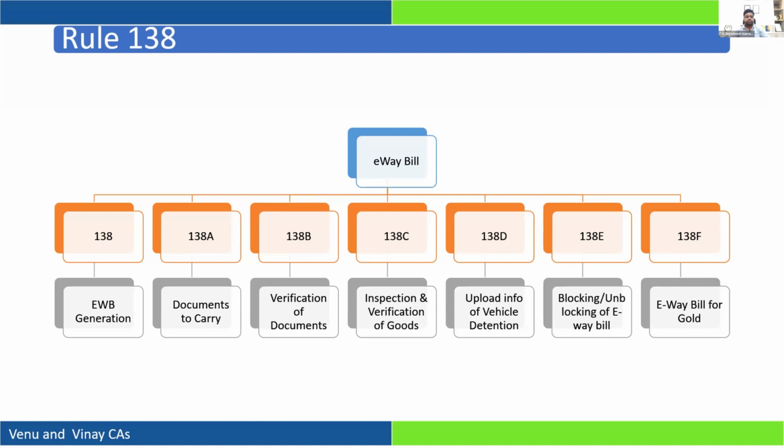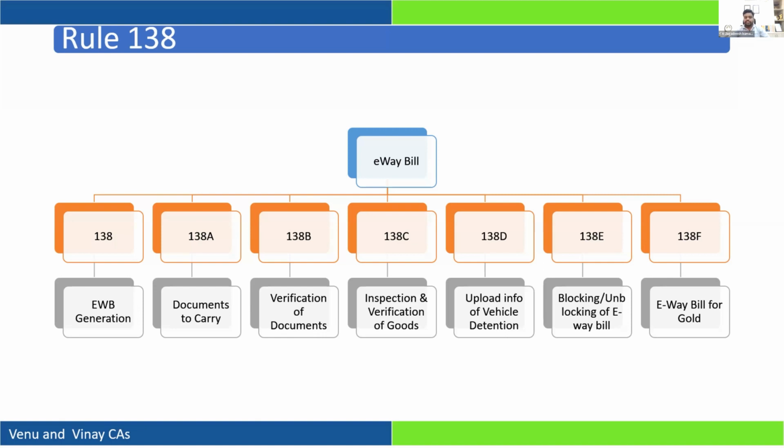First, rule 138 talks about the information required to be furnished and the generation of the e-way bill. Rule 138A talks about the documents that need to be carried along with the conveyance. Rule 138B talks about the verification of the documents. And rule 138C provides the procedure for inspection and verification of the goods.